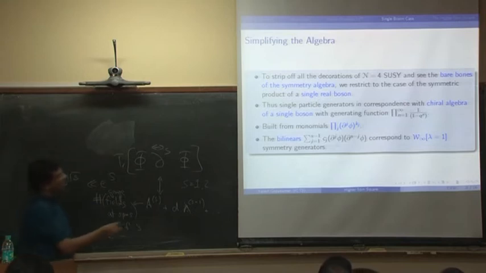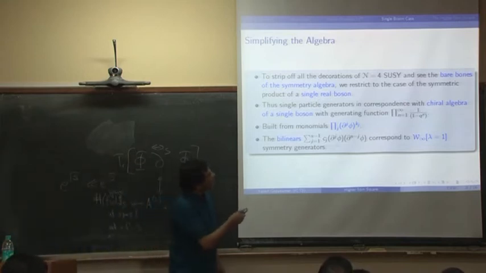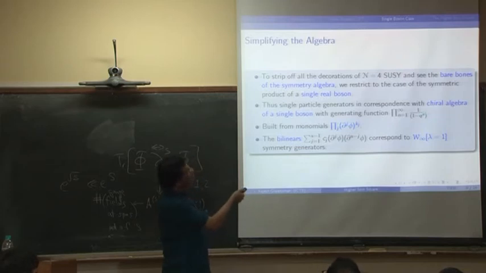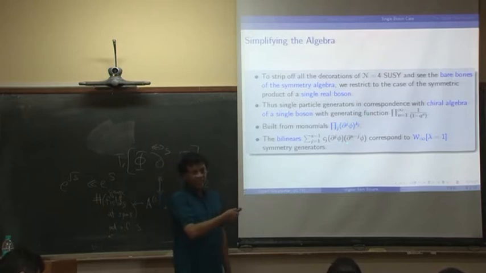So what are all these things? They are basically built from various monomials. So you have a single boson, and you consider arbitrarily many holomorphic derivatives on it, and monomials to various powers. That's what this generating function essentially counts.